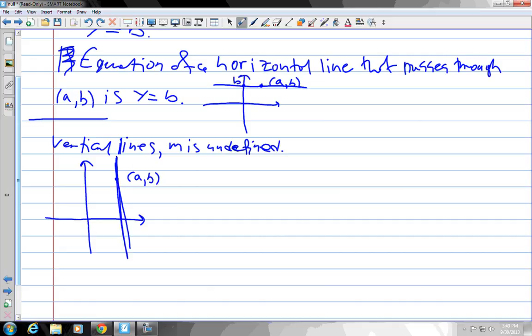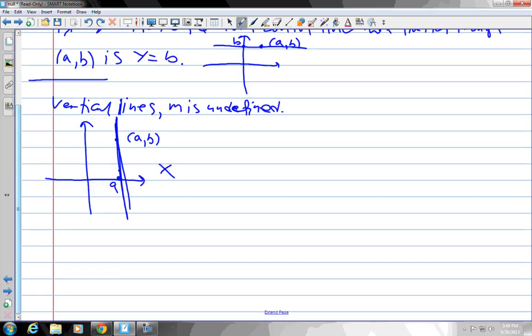No matter what point on this line I look at, x always equals a. So the equation of a vertical line is just x equals a. x remains a constant. Okay?